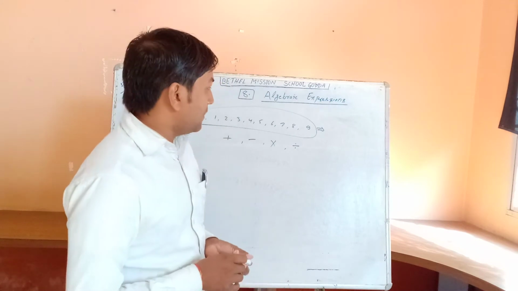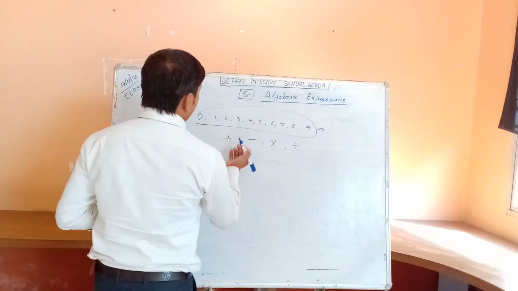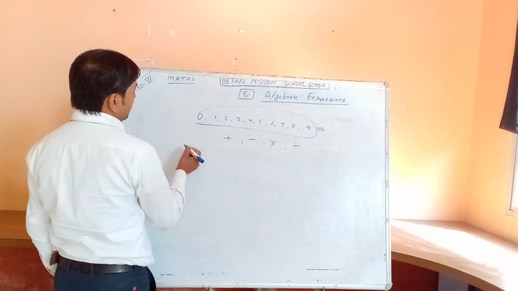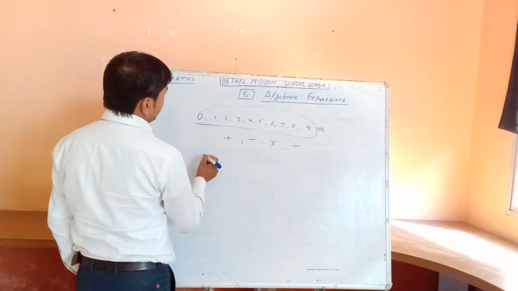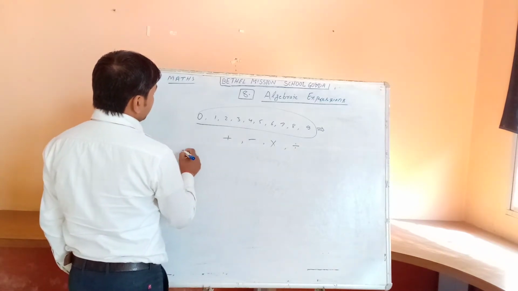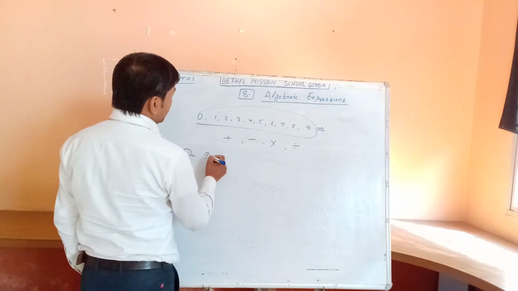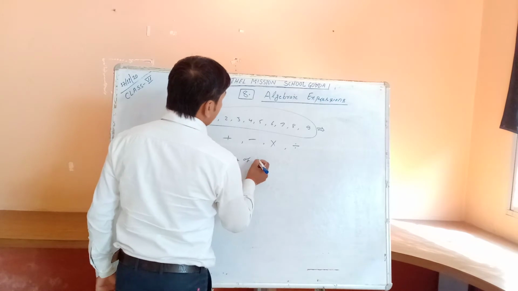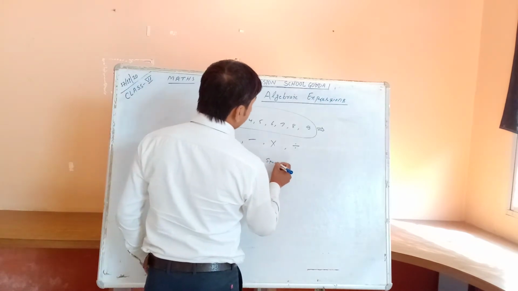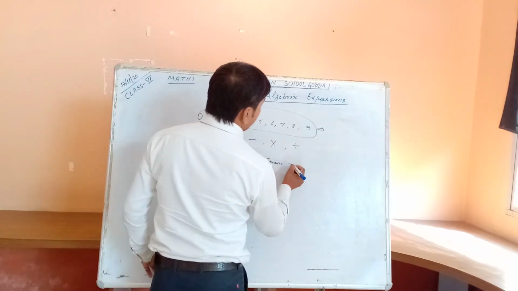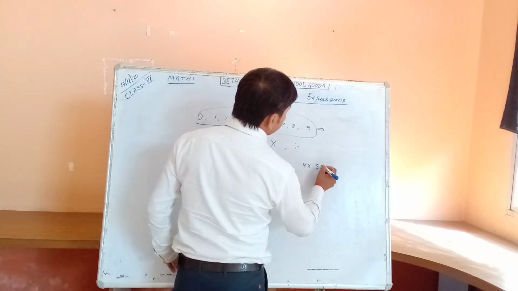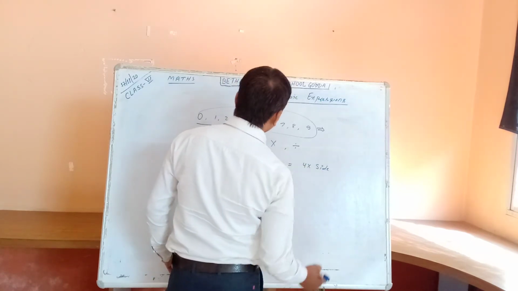And now if we take any formula, suppose the perimeter of a square equals 4 into side, 4 into one side.